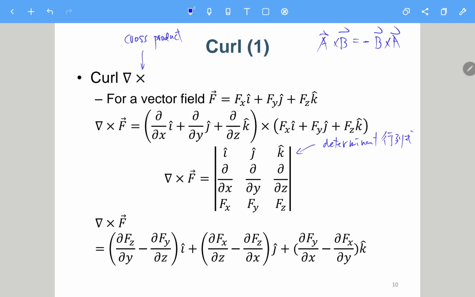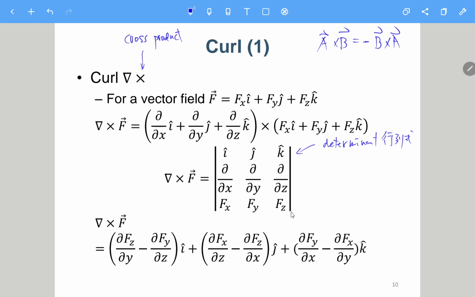For a normal product, A times B is B times A, but A vector cross B vector is negative B vector cross A vector. Here, this is the first vector, so we put the x-axis component, y-axis component, z-axis component here, and then we also put the x, y, z components of the second vector in the last row.